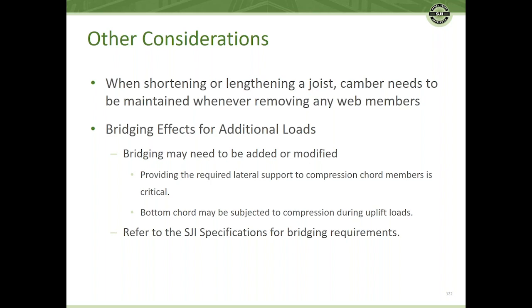Now the new code says we are, so if you're looking at existing joists built maybe in the 90s in California, they did not have uplift, but under the new code they're going to need uplift capacity, so that's something to keep in mind. And then refer to the SJI specifications for bridging requirements.